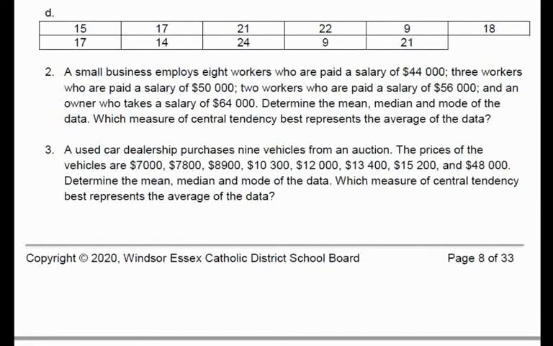So in this case, we have to think about what we've been given. We have essentially some frequencies. What I do know is that we have 8 workers who are getting paid $44,000. So altogether, let's just write this information out.